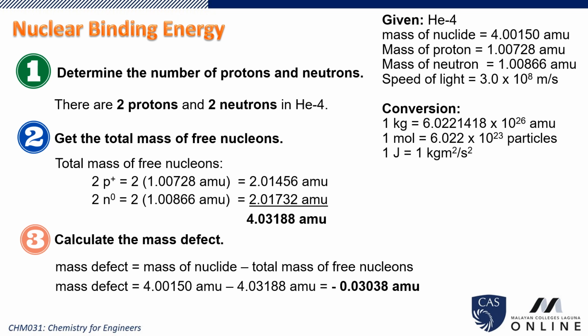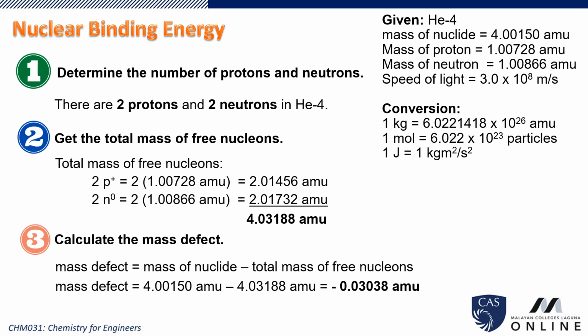Let's solve a nuclear binding energy problem using helium-4. For the first step, we're going to identify the number of nucleons. Helium-4 contains 2 protons and 2 neutrons, thereby containing 4 total nucleons. For the second step, we're going to calculate the total mass if the nucleons were free. For the mass of the protons, that would be 2 multiplied by 1.00728 AMU, which is the mass of the proton.